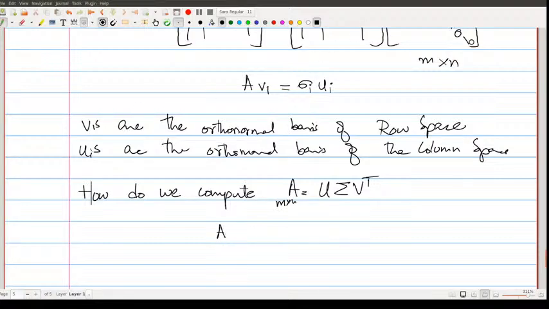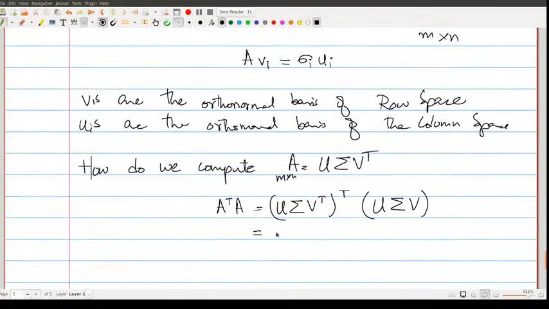What about A transpose A? A transpose A is U sigma V transpose, whole transposed, times U sigma V transpose. What do I get over here is V transpose transpose. Of course, you have to change the order. Then you put transpose on all of these matrices.